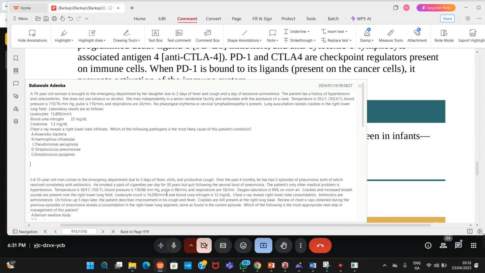Blood pressure is 110. Pulse is 110. Respiration 24. No pharyngeal erythema or cervical lymphadenopathy is present. Lung auscultation reveals crackles in the right lower lung field. Leukocyte 13,800, blood urea nitrogen 22, creatinine 1.2. Chest X-ray shows a right lower lobe infiltrate. Which of the following pathogens is the most likely cause of this patient's condition?